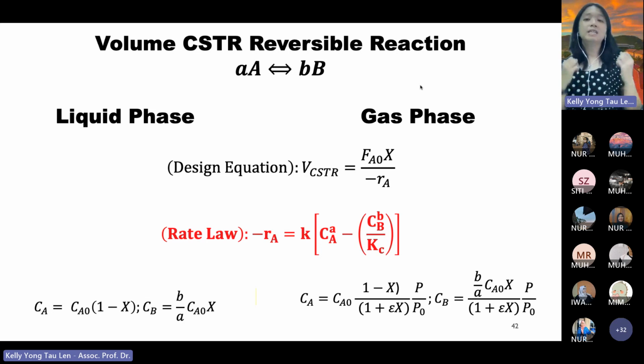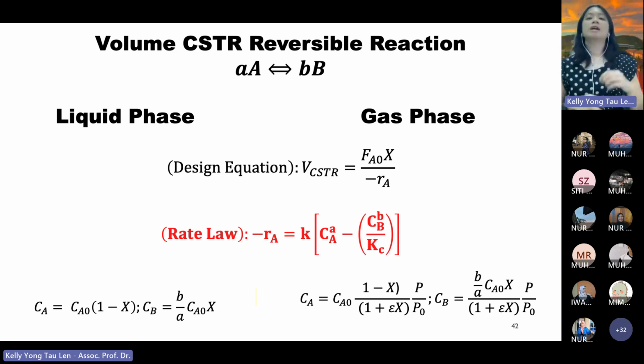That is why it becomes CA, CB, CC, CD and X, because we measure those concentrations before the reaction achieves equilibrium. So if we know the reaction reaches equilibrium in 1 hour, we design the reactor so that we get the product out before 1 hour, because we don't want the reaction to reach equilibrium.